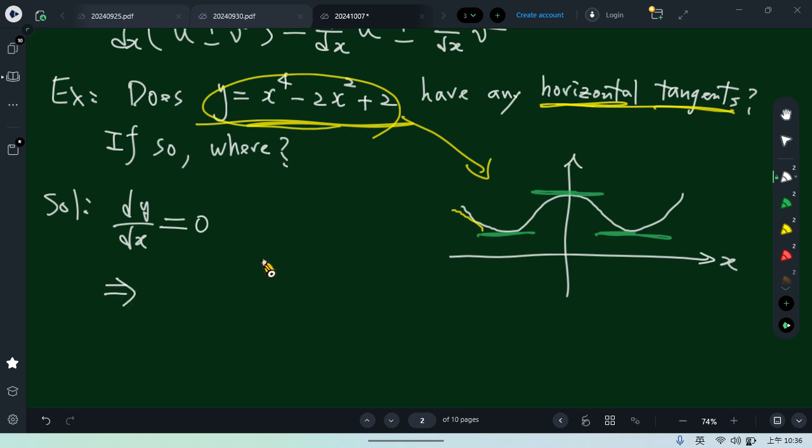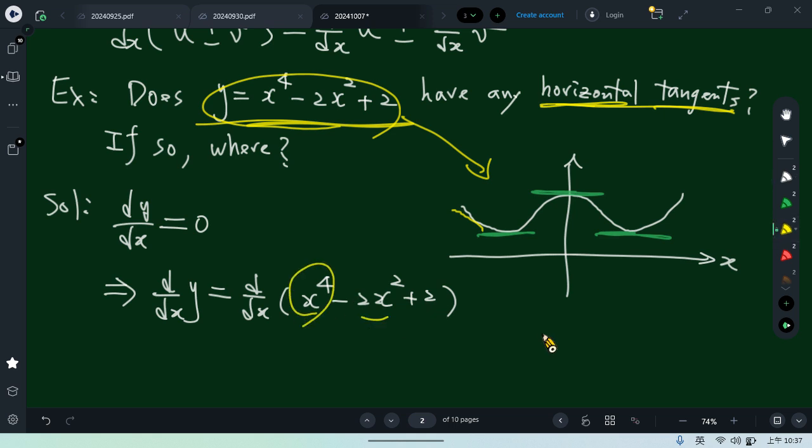Based on this, we try to differentiate y, which is x to the power of 4 minus 2 times x to the power of 2 plus 2, right? If you want to differentiate it, you can see this is a term, this is a term, and this is a term, through addition and subtraction.